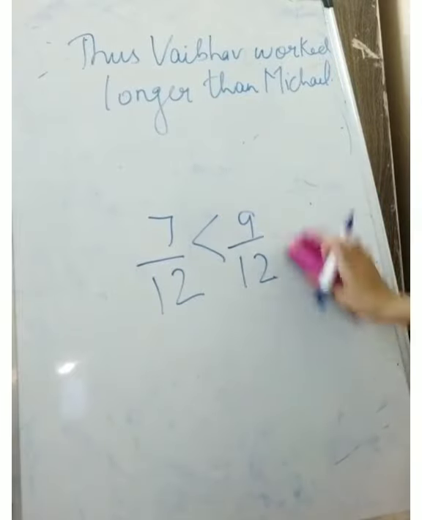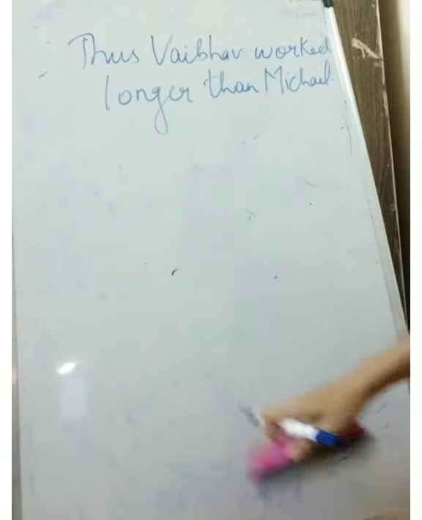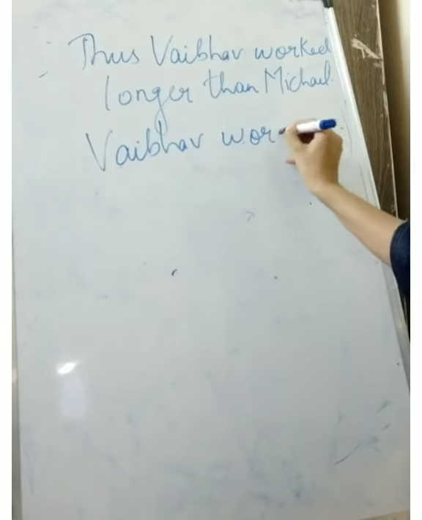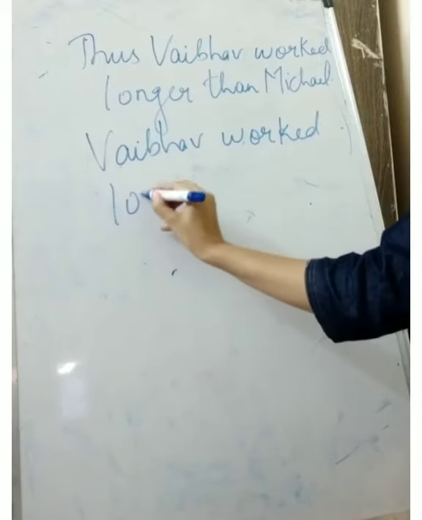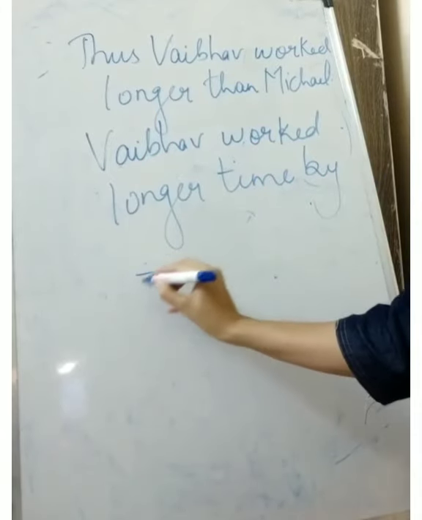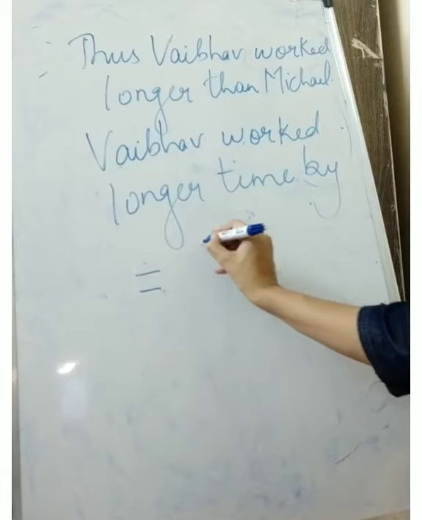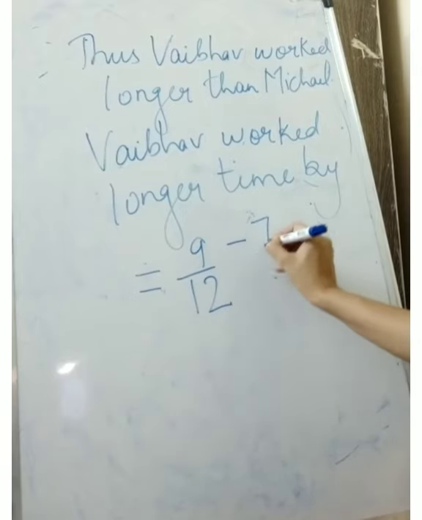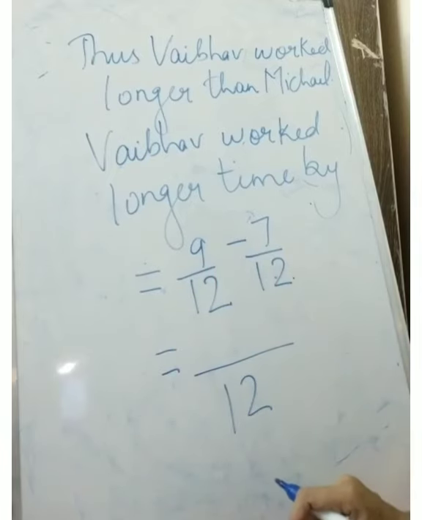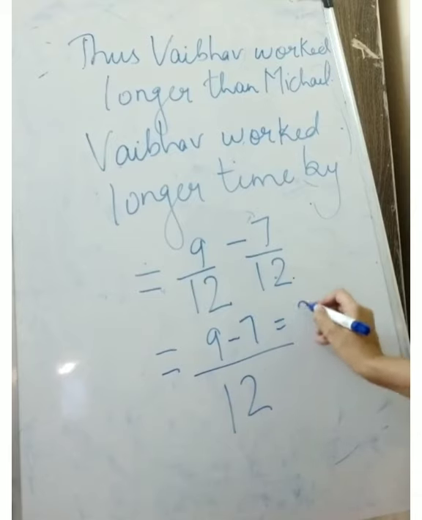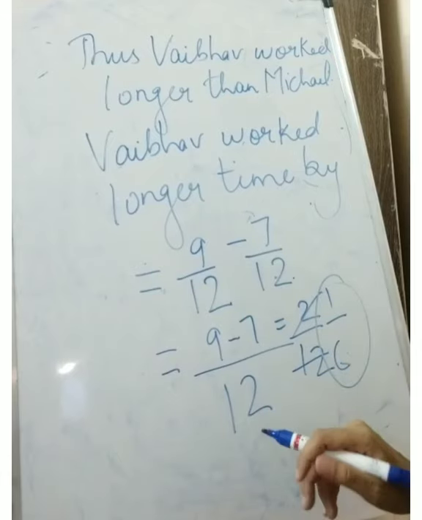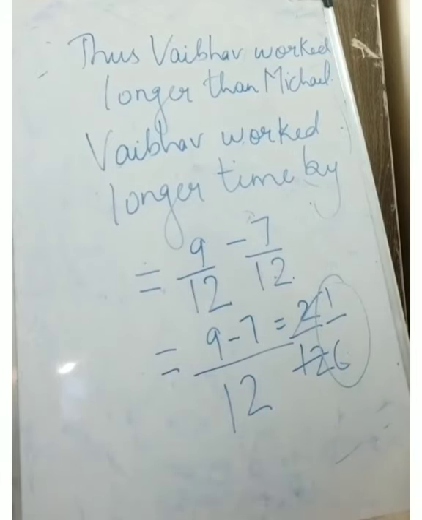Firstly we will write this, then Vaibhav worked longer time by equals to, one figure was 9 upon 12 and one figure was 7 upon 12. So 12 and 12 are common, so we will take 12 as the common value. 9 minus 7 is 2 upon 12. Now 2 1s are 2, 2 6s are 12, so it becomes 1 upon 6.